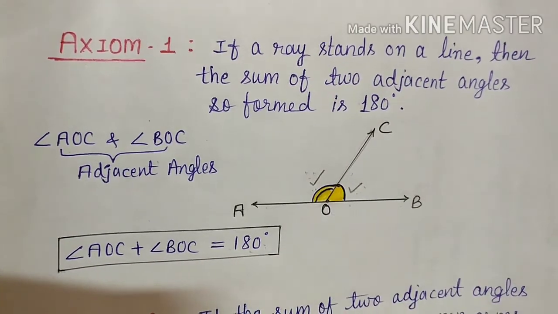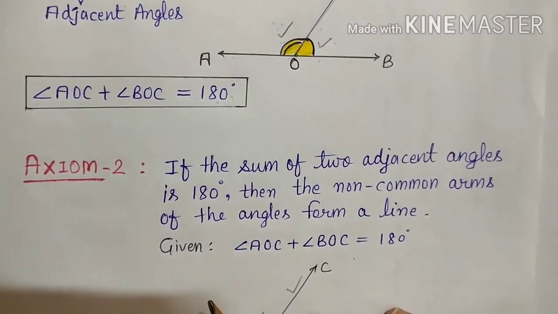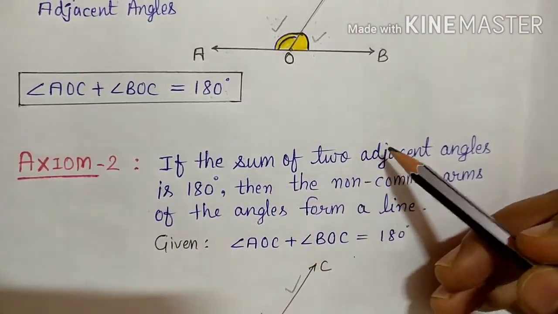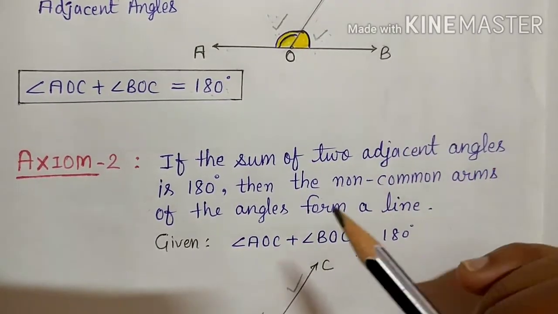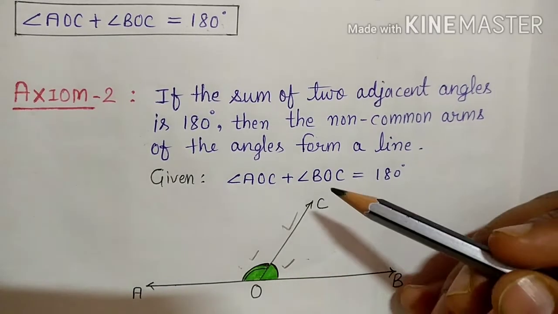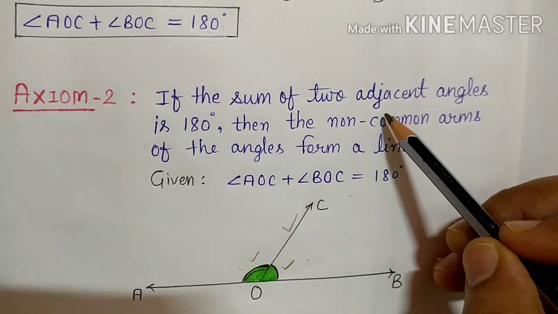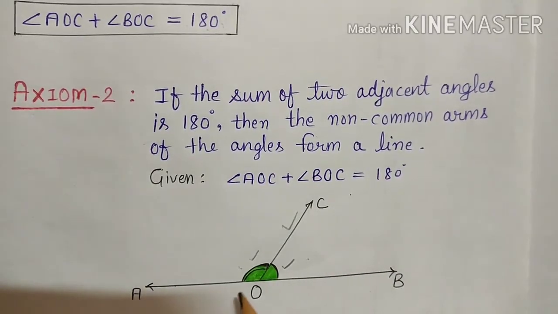Now we'll talk about axiom 2, which is the reverse of the first axiom. If the sum of two adjacent angles is 180 degrees, so this time they have already given that the sum of the two angles is how much? 180 degrees. And which angles? Adjacent angles. Then the non-common arms, which are the non-common arms here?